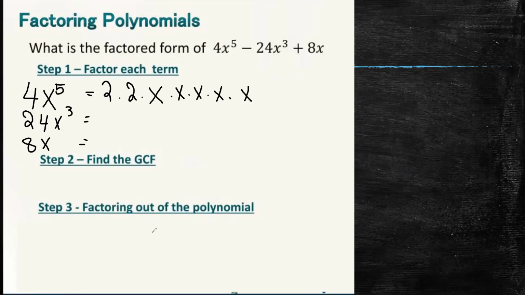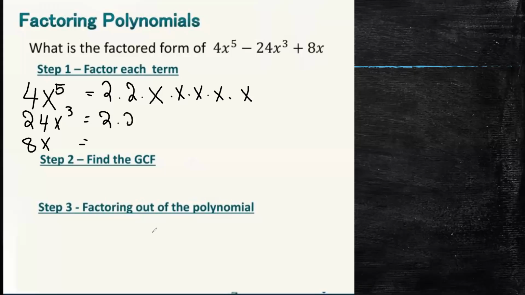Then look at 24x cubed. Give me prime numbers that if you multiply them, you get 24. Wait, 24 is 8 multiplied by 3.